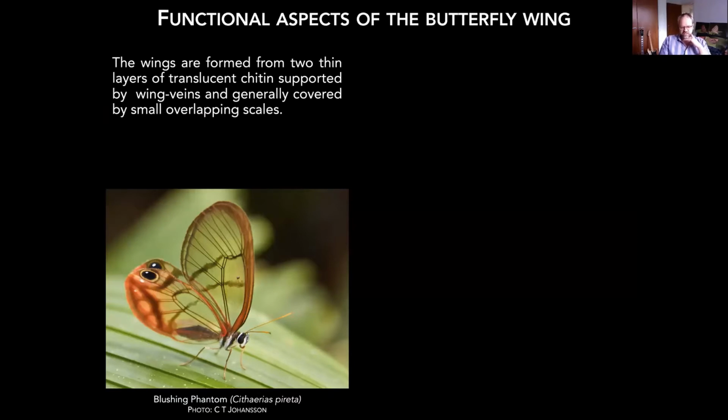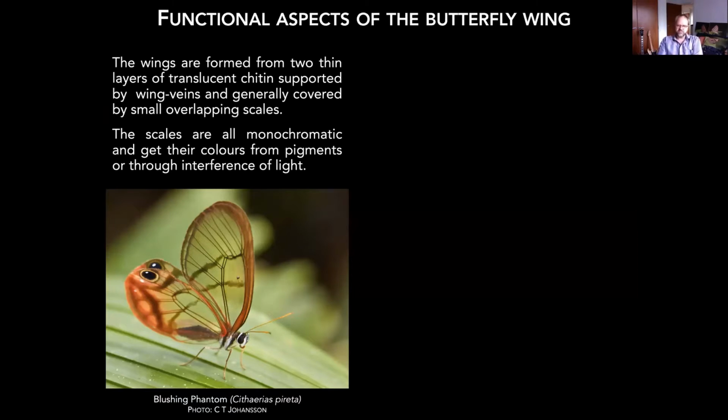If you look at this butterfly, a South African butterfly, you can see that when there are no scales, you can actually see straight through the wing. And the scales themselves are monochromatic, which means they have just a single color per scale. They get their colors either through interference of light, which is basically when the light is reflected back in certain ways, or through colored pigments.